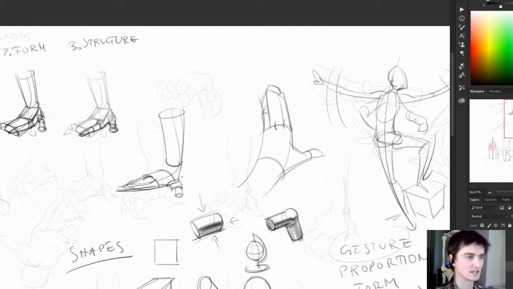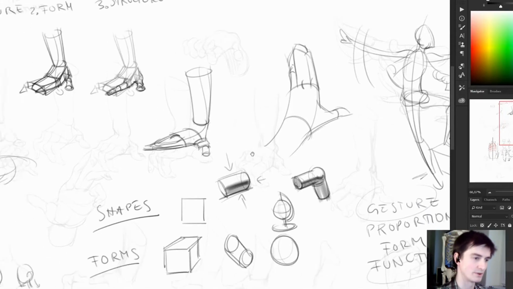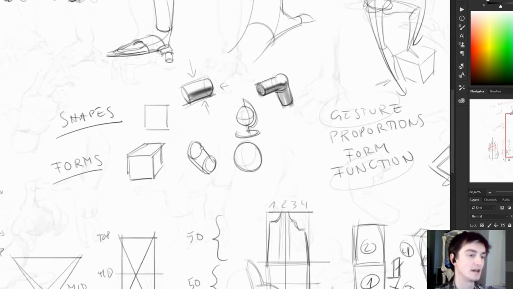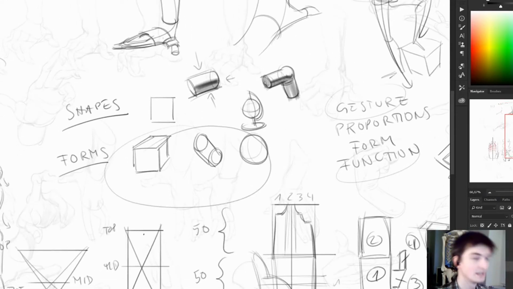And one of these things that we essentially already talked about is, if you break down complex things like a hand down into simple forms, then you can draw these without having to resort to very specific reference. You can then mix and match your reference, or you can just draw things out of your head, depending on how deep your understanding goes, right?